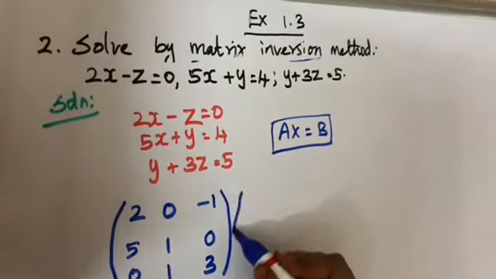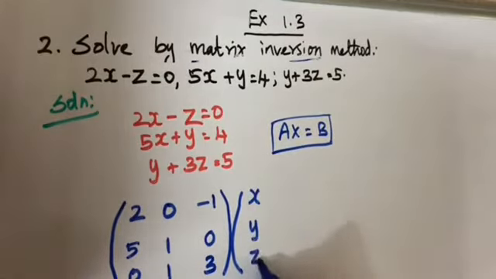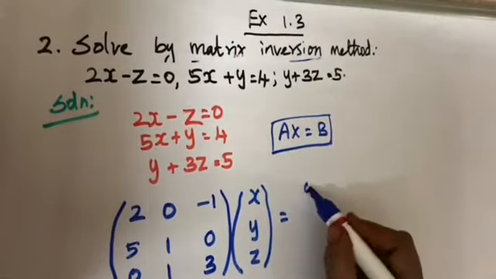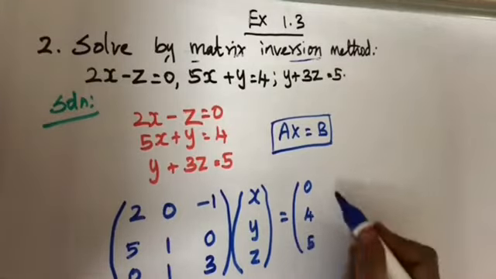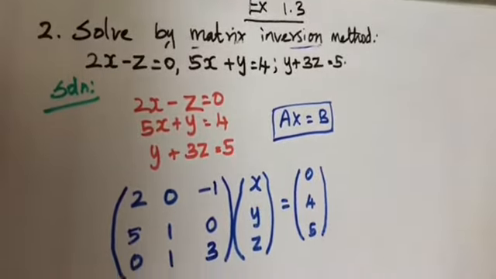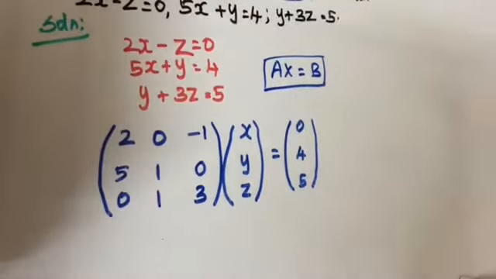So what are the variables here? x, y and z. Equal to B. What is B? 0, 4 and 5. Okay. If 3 variables are there, the matrix should have 3 rows. Now we have to find a solution for this equation.